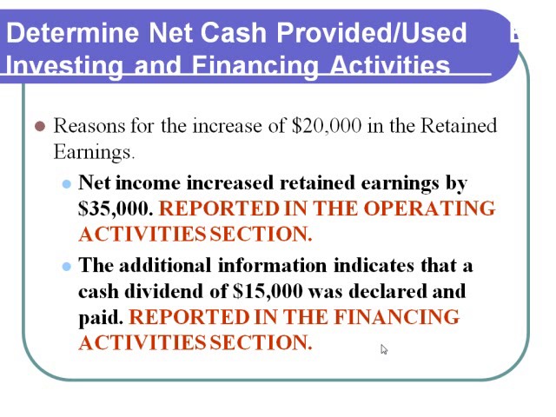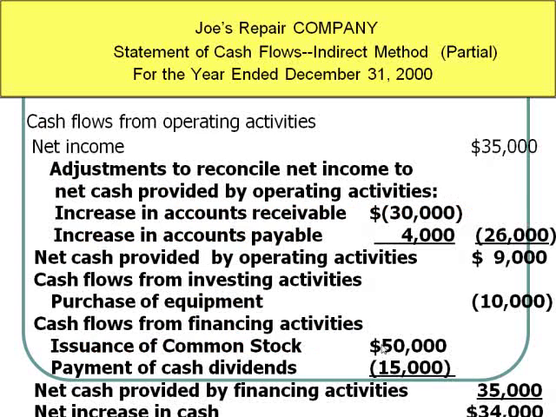Retained earnings is increased by 35,000. So if you were making a T account right now, you'd show the 35,000 on the credit side. But in the additional information, I told you that they paid cash dividends. They declared and paid cash dividends of 15,000, and that 15,000 would go on the debit side of the T account. So 35,000 to increase retained earnings, 15,000 to decrease retained earnings, and that would account for your $20,000 net change.